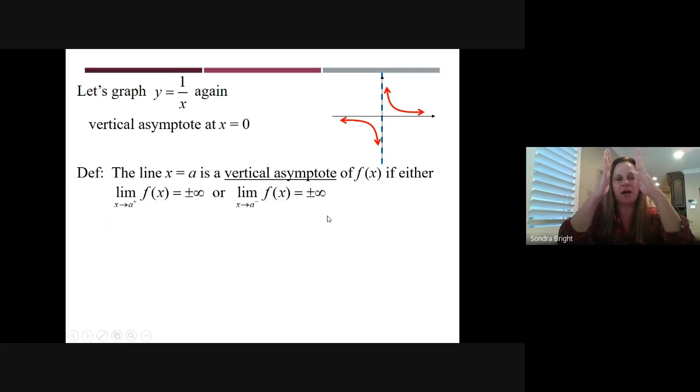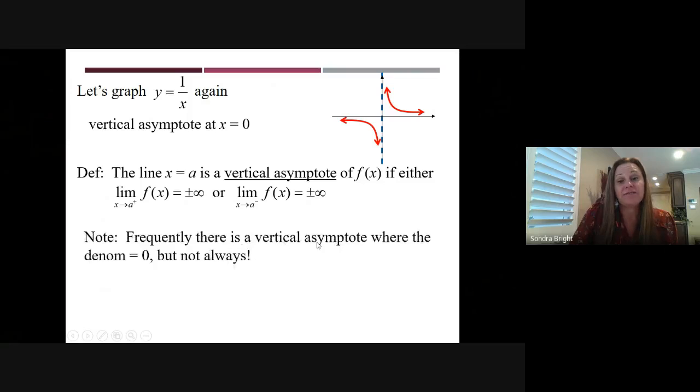Sometimes they'll both go up, sometimes they'll both go down. In this case, one is going up and one is going down. It just depends on the function. So frequently there is a vertical asymptote whenever we have the denominator equal to 0. So in this case, 1 over x at x equals 0, you've got a denominator of 0, and dividing by 0 makes it undefined, right?